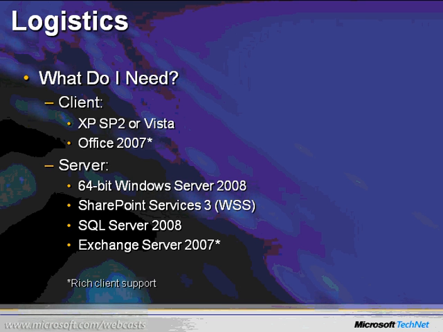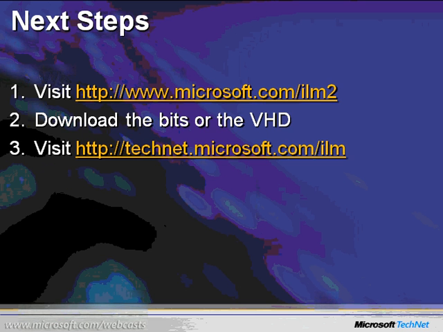For the server, for running the ILM server, which is what I've been demonstrating today, you'll need a 64-bit version of Windows Server 2008, SharePoint Services 3, SQL Server 2008, and Exchange Server 2007 if you wish to have the integrated group and request management experience with Outlook.